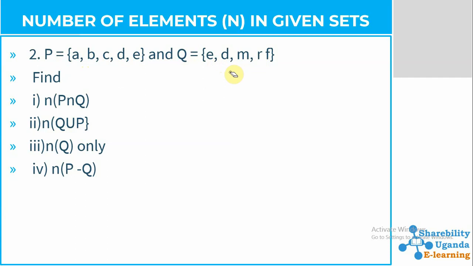So what do they want us to find? They want us to find the number of P intersection Q, then the number of Q union P, then the number of Q only, that is the complement.